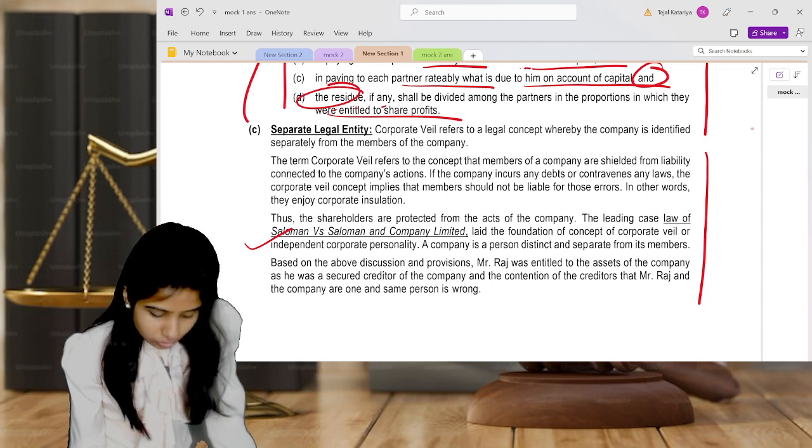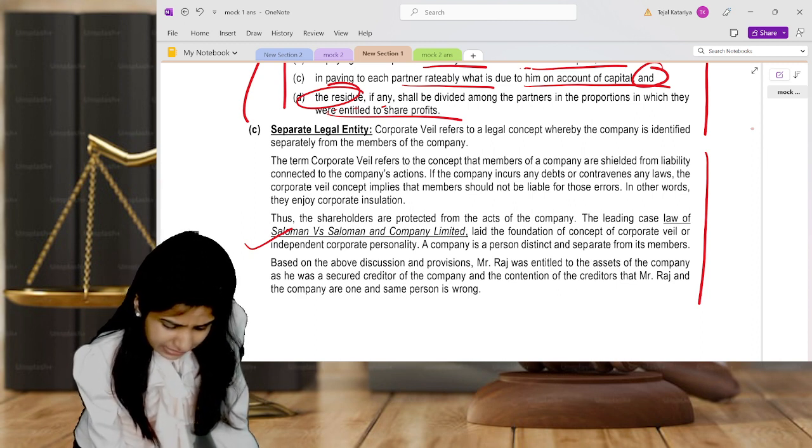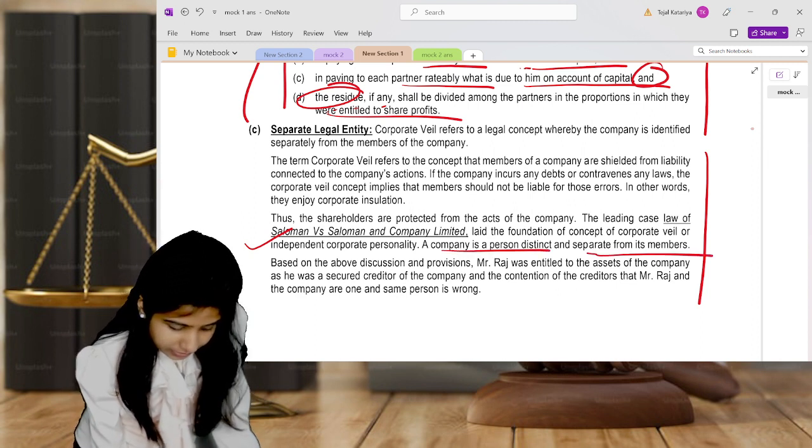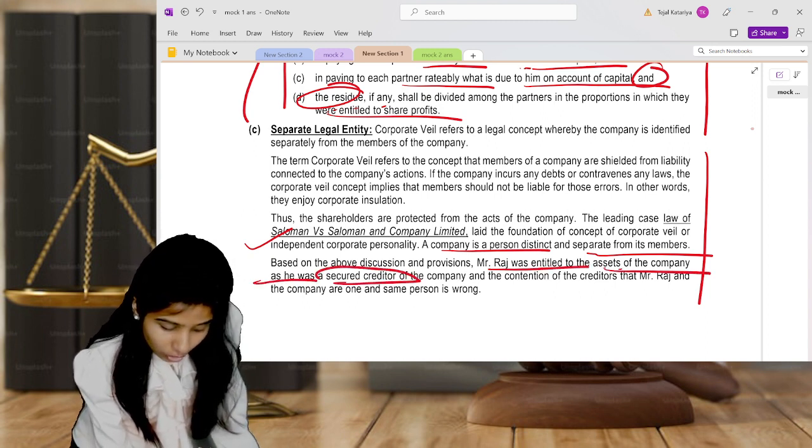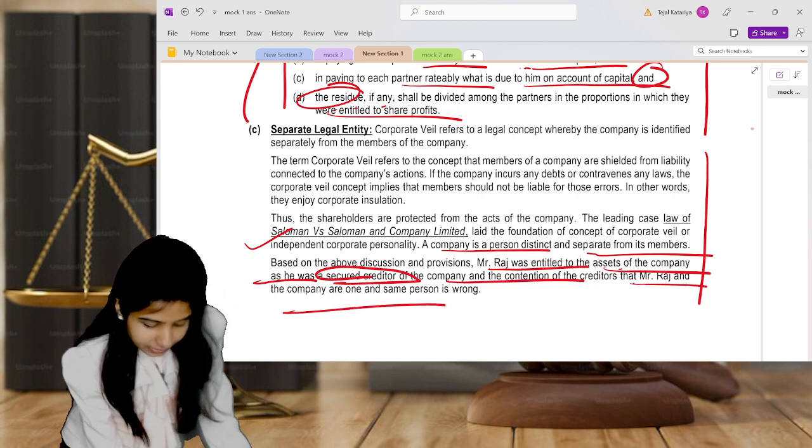In the given situation, the company is distinct and members are different. So based on the given provisions, Mr. Raj was entitled to the assets of the company as he was a secured creditor of the company.